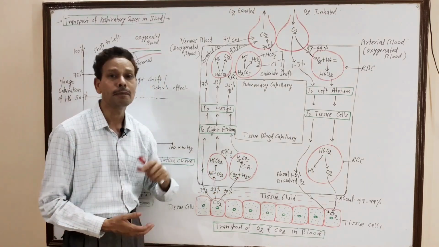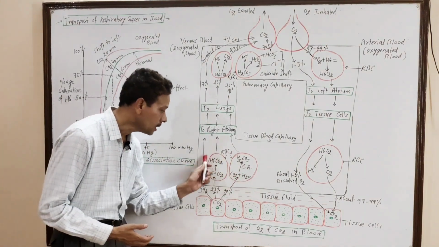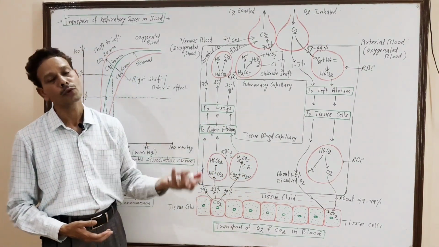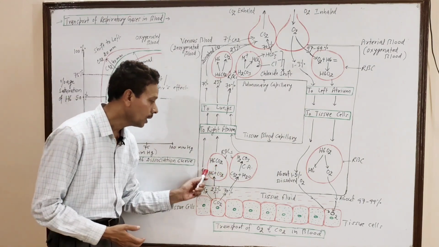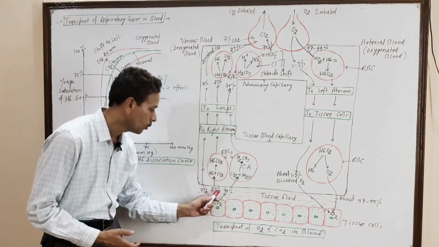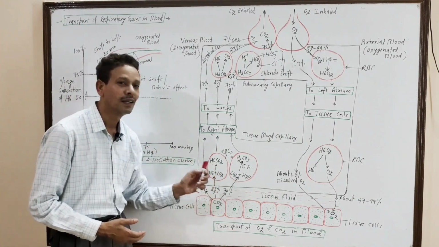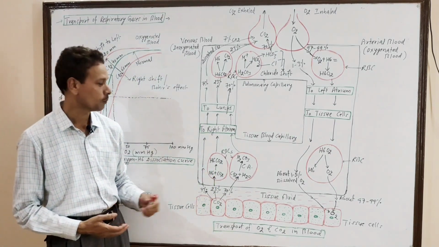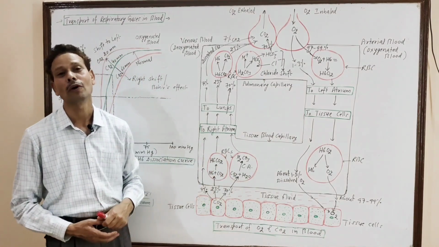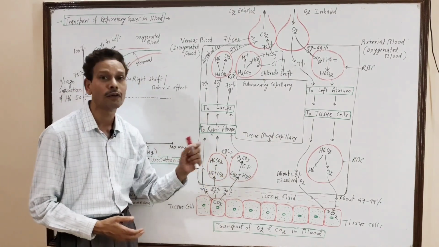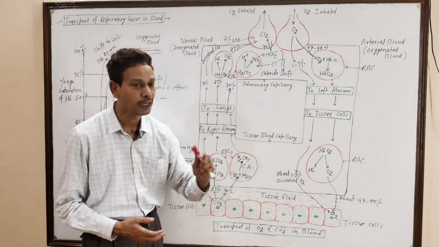The remaining 93% of CO2 enters the blood cells, erythrocytes. Here, about 23% of CO2 interacts with hemoglobin to produce carboaminohemoglobin, so 23% of CO2 is transported in that form.